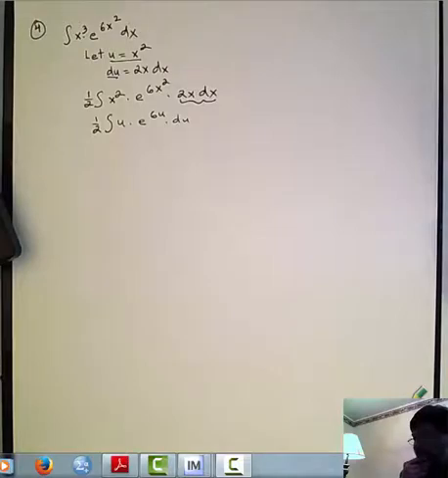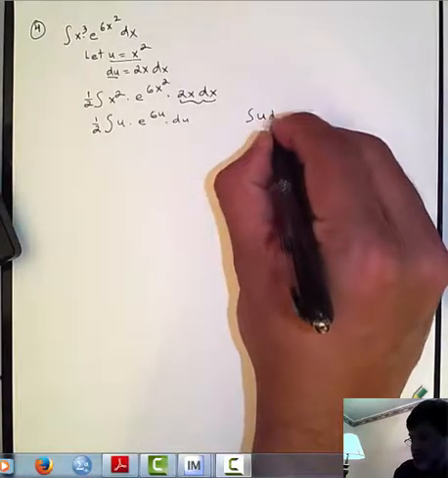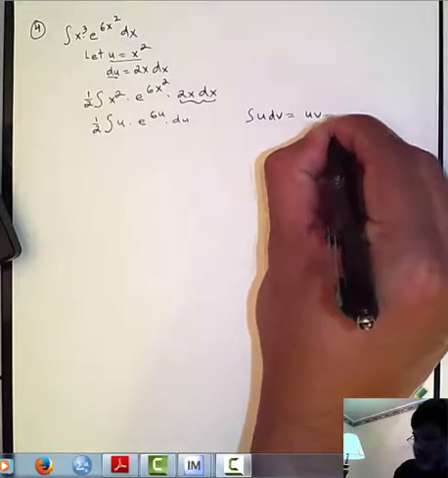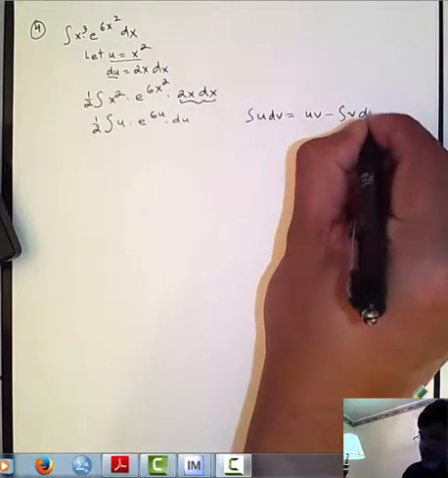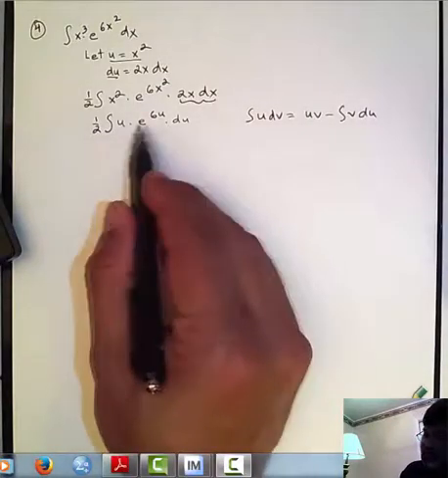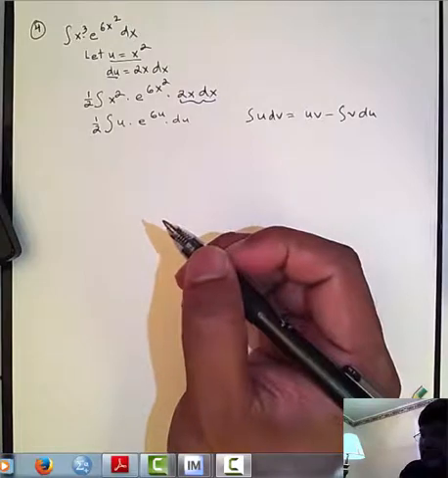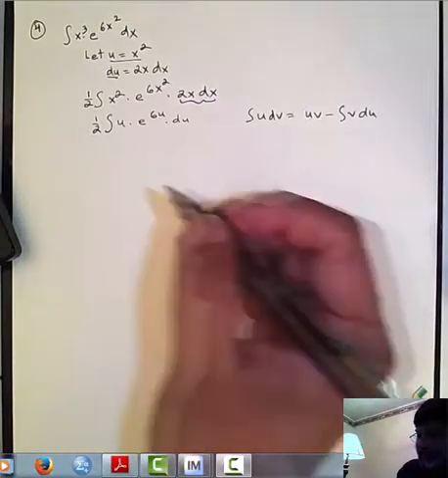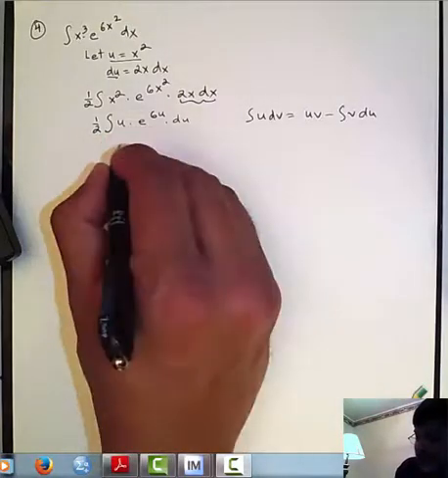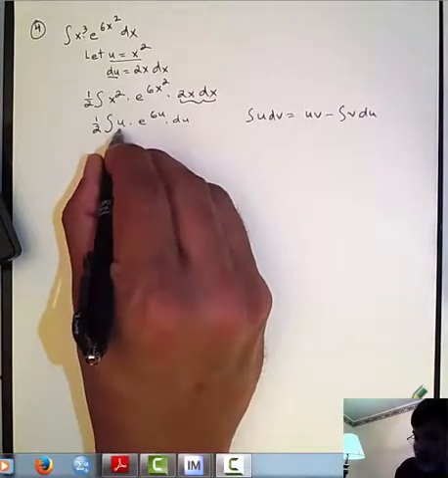So now we can do integration by parts, which is integral of u dv is uv minus integration of v du. Okay. So since we already have u, let's make different letters. So let's make an a. So the part that is easier to differentiate, we'll make that a.